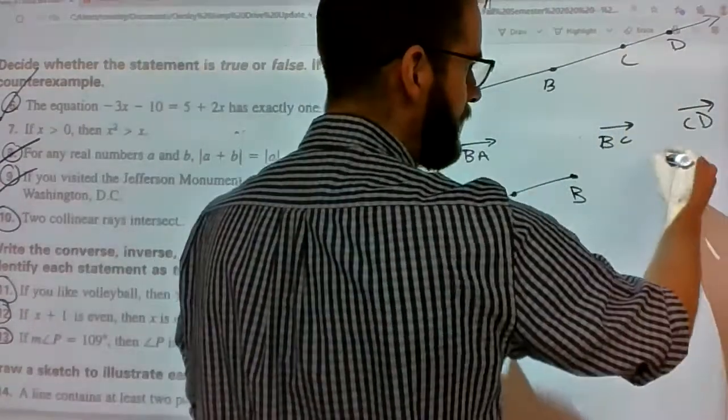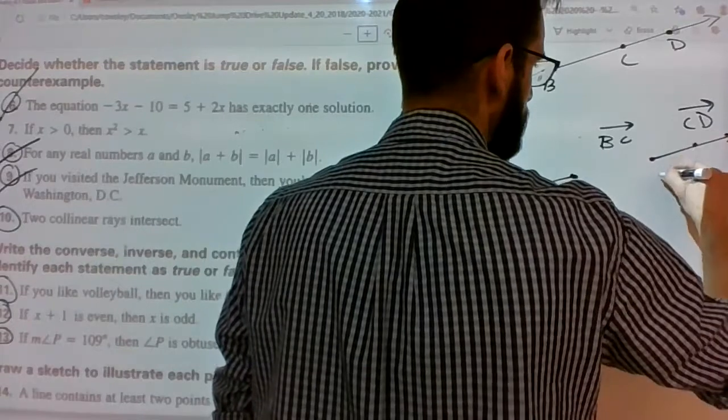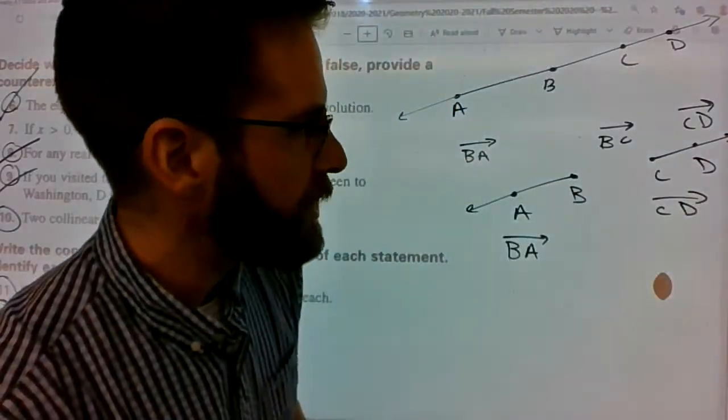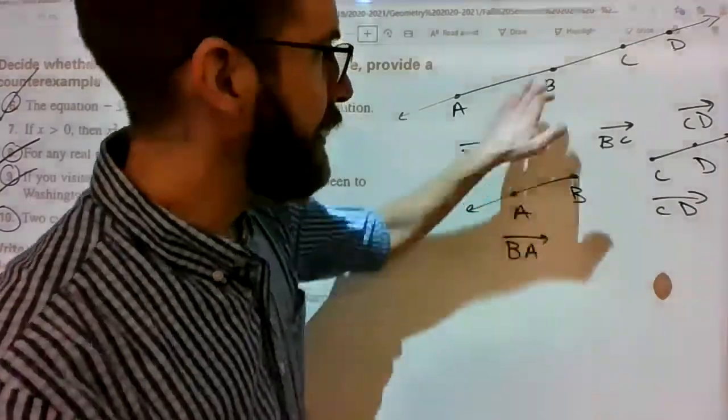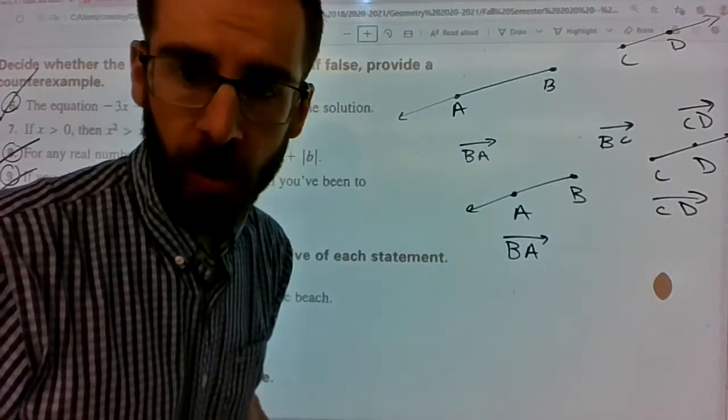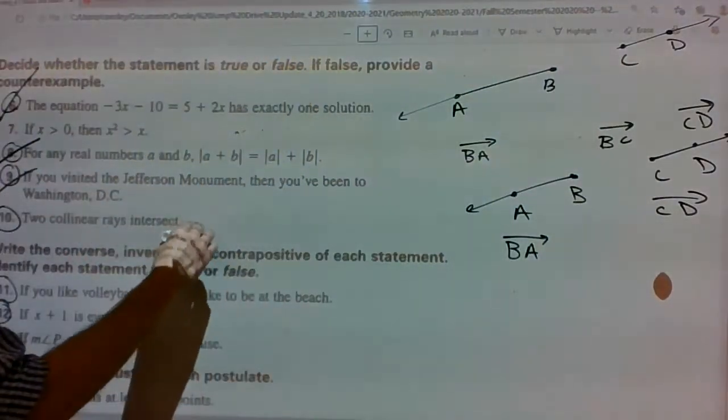Ray CD will never touch ray BA. There is this much of a difference between the two, so they actually don't intersect at all. It's false.